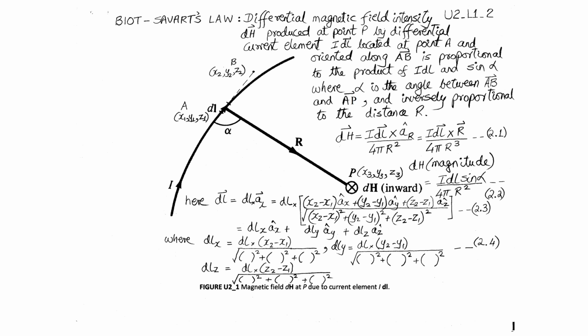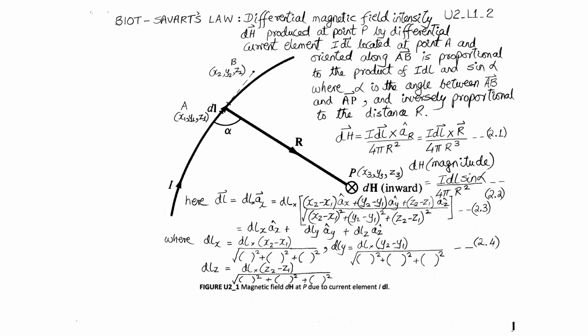Then we know that dl will be written as dl magnitude into x2 minus x1 ax vector plus y2 minus y1 ay vector plus z2 minus z1 az vector divided by under root x2 minus x1 squared plus y2 minus y1 squared plus z2 minus z1 squared, as given in equation 2.3.